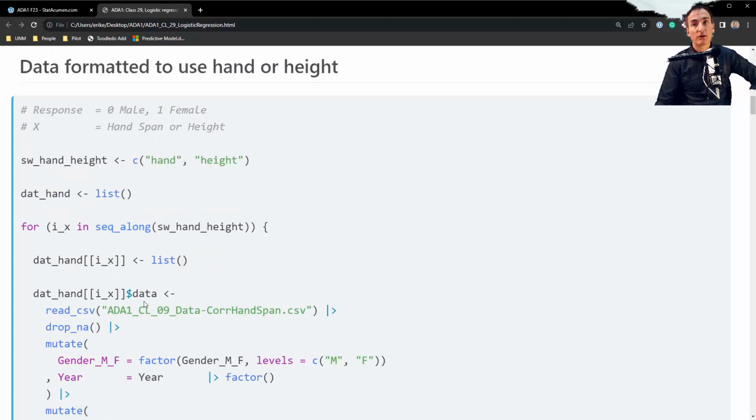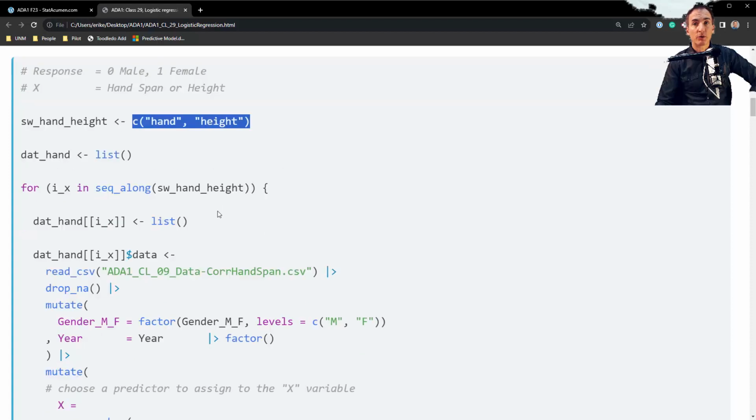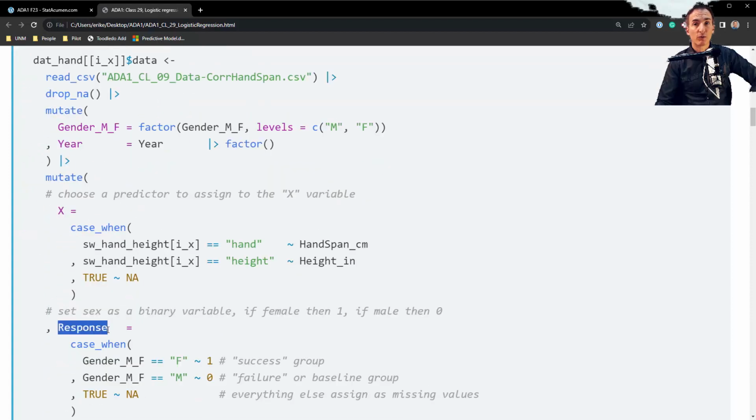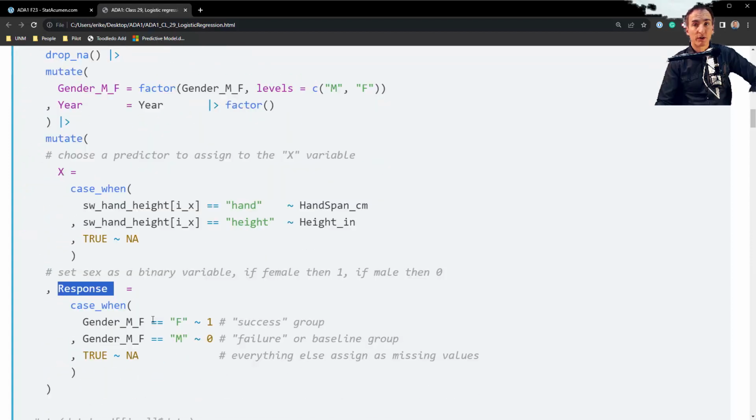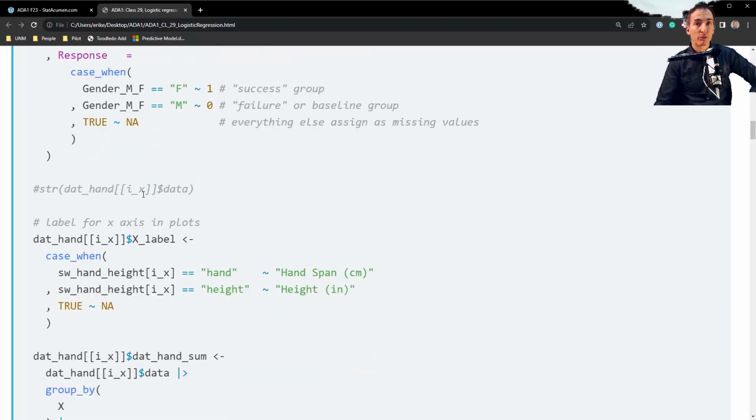So this is one strategy for iterating through multiple X variables, potentially through multiple Y variables, response variables, by manually setting certain variables to a generic letter, or a generic variable name.